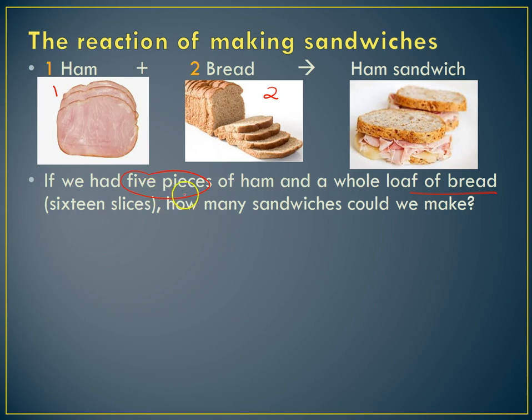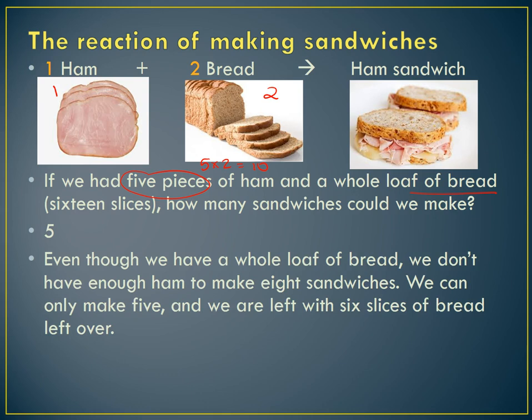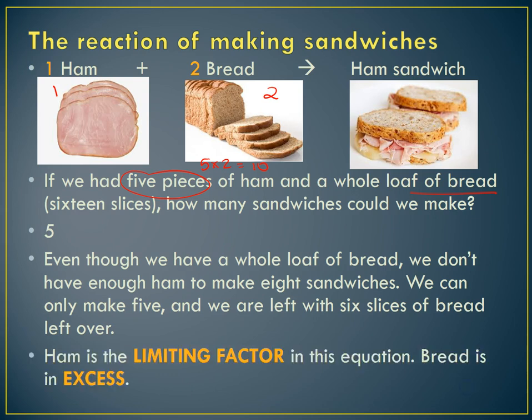So if I'm going to use up 5 pieces of ham, I will use 5 times 2 pieces of bread, which is going to equal 10. Hopefully that makes you realize that we'll be able to make all 5 sandwiches, but we will have 6 slices of bread left over. So in this example, our ham is the limiting factor and our bread would be the excess reagent.